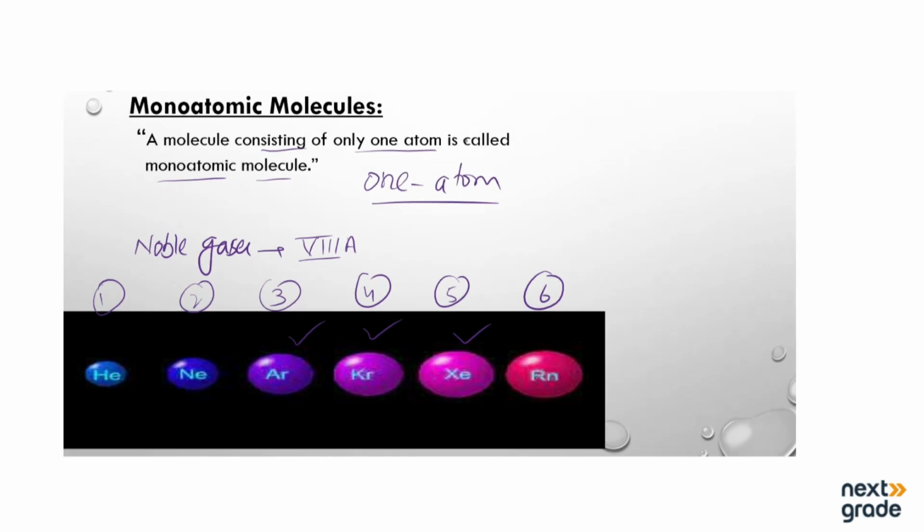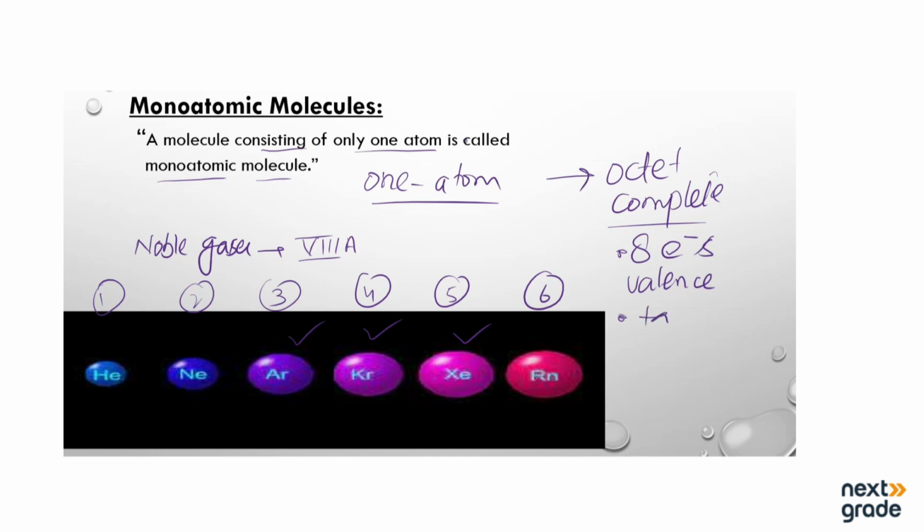The reason is that they have a complete octet, which means they have 8 electrons in their valence shell. So the noble gases do not need to take part in any chemical reaction. That's why they always exist in monatomic form.